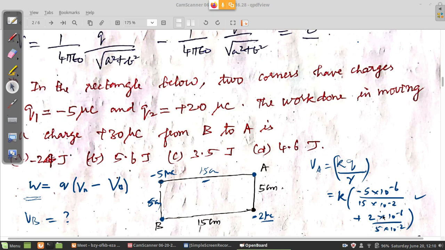Minus 5 plus 6 is 1. So it's 1/15 into 10 power minus 4. Don't forget, numerator there is 10 power minus 6, denominator 10 power minus 2, so 10 power minus 4 you will get. And then outside there is a k. You have to multiply by k also, right? So that is going to be 9 into 10 power 9. So you will get basically 9/15.